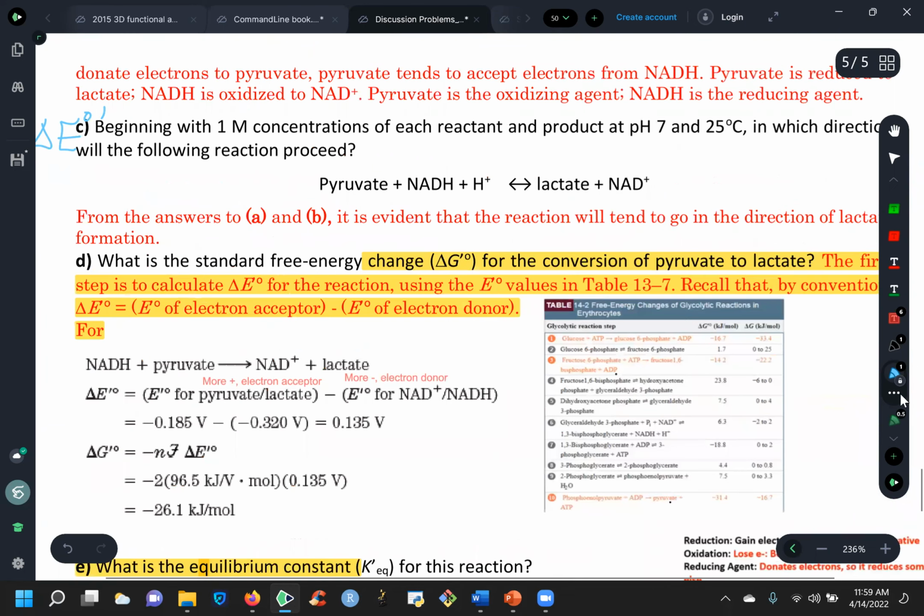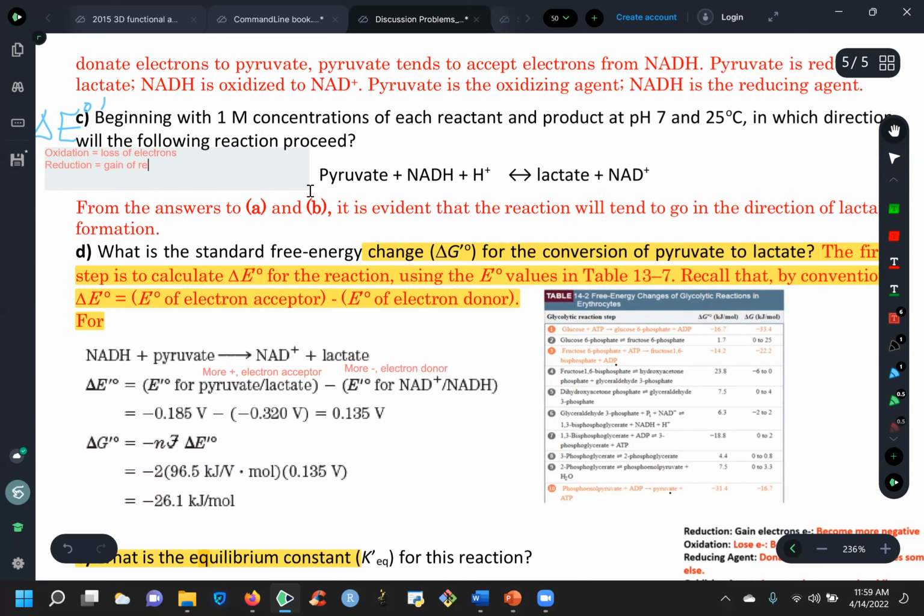Okay, so if we remember anything about oxidation and reduction, I'll write it right here. Oxidation equals loss of electrons. Reduction equals gain of electrons.